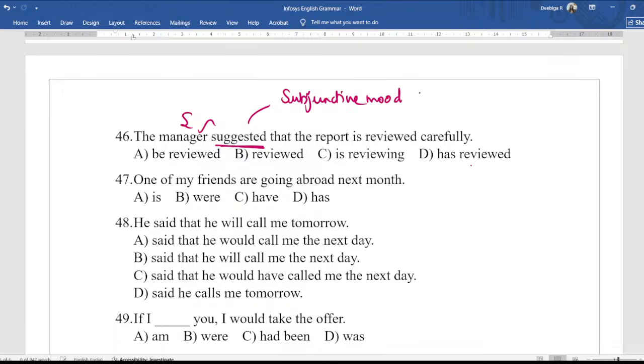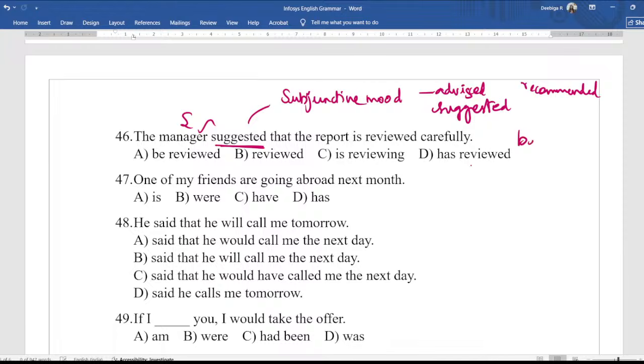When you encounter words such as advised, suggested, recommended, when someone is suggesting, advising, recommending something, you have to follow rules for the verb. When you see suggested, advised, recommended, mostly these words, you should use the base form.